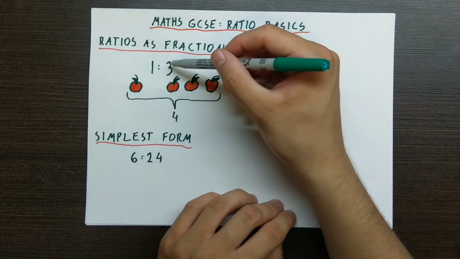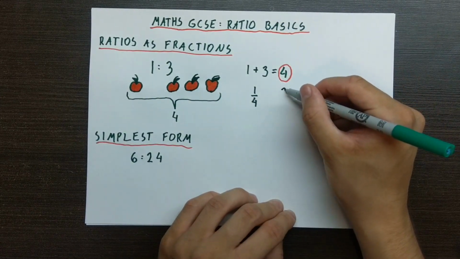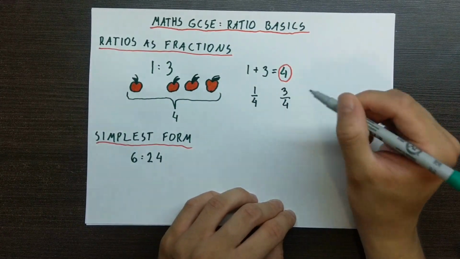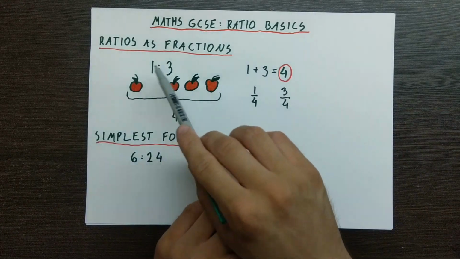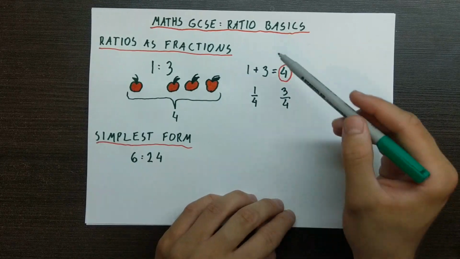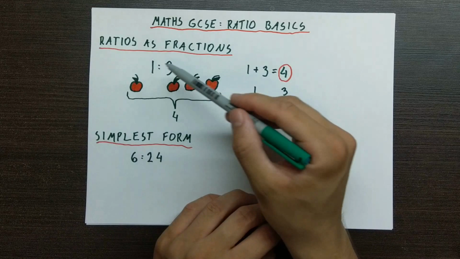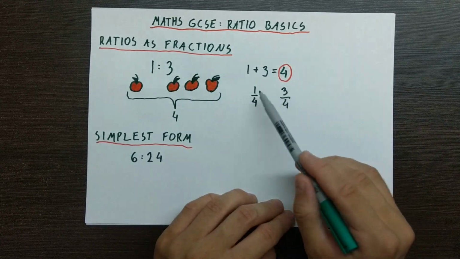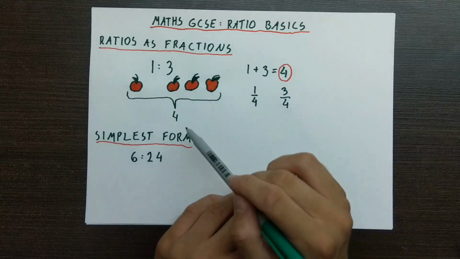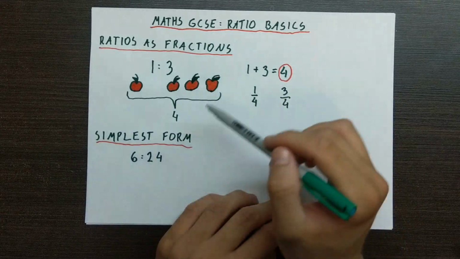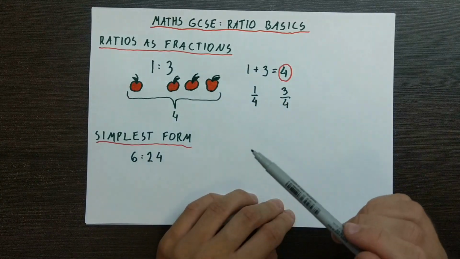If we want to express this side as a fraction, then we would put it down like so, 3/4. So the key here is to add those two numbers together, and that gives you the denominator, and then it's as simple as putting each of those numbers at the top to express a fraction of the total. This shows you the fraction of the total that this ratio represents.